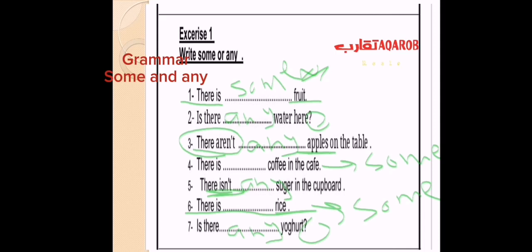Some is used to mean few or a little, but any is used to mean zero, or no.